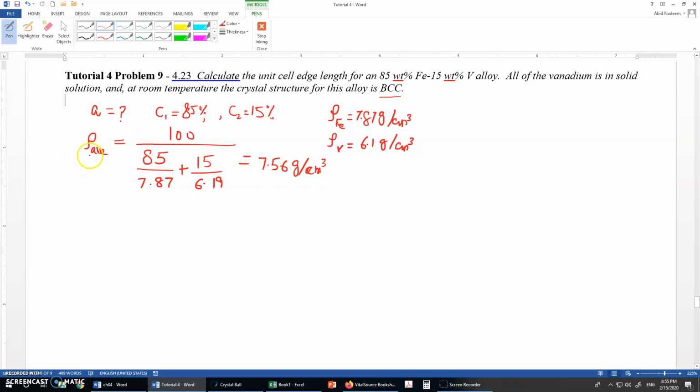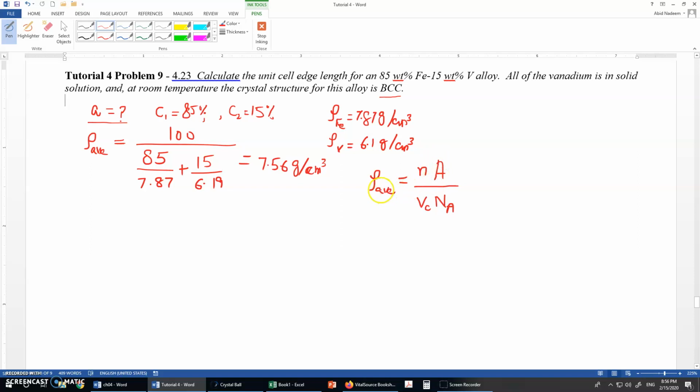Well, we have found it, but how are we going to use it to find the value of a? If we recall, the average density of a composite or any metal, we can relate it by this formula: rho equals n A divided by Vc times Na, where A is the atomic weight.